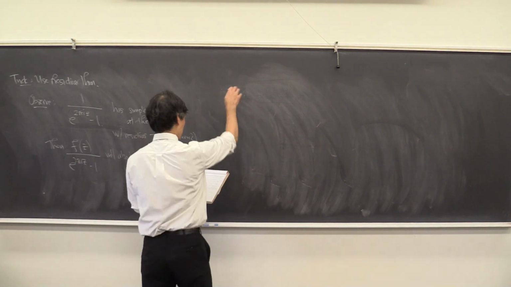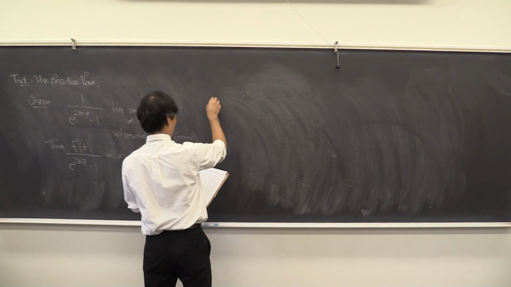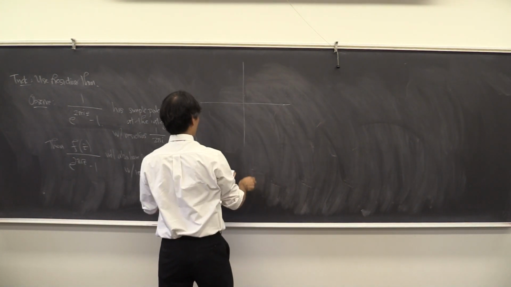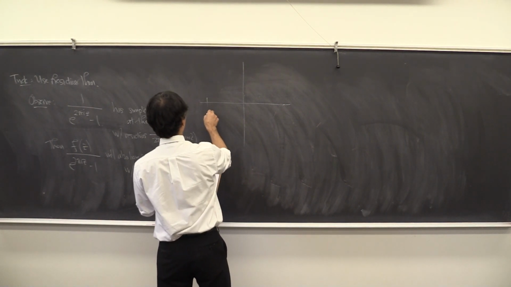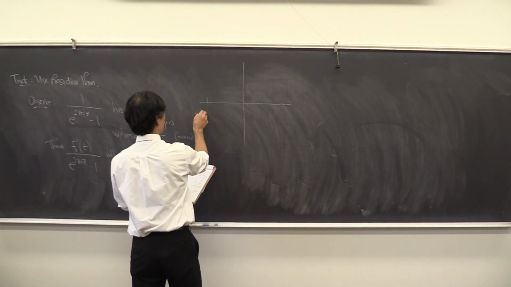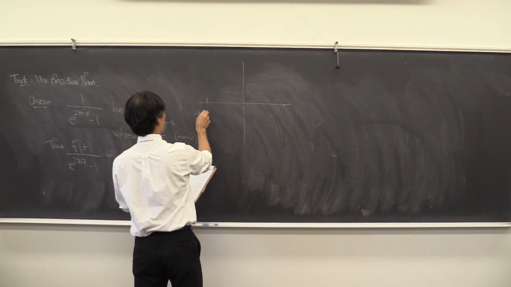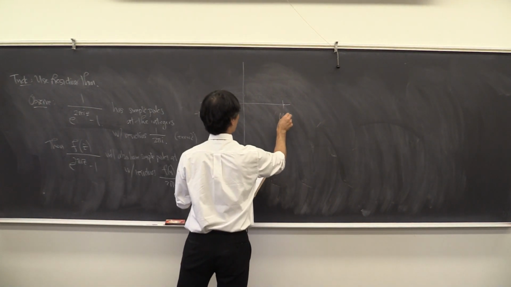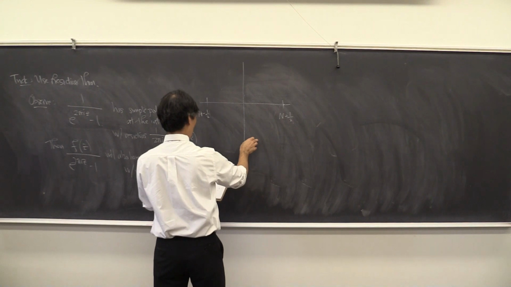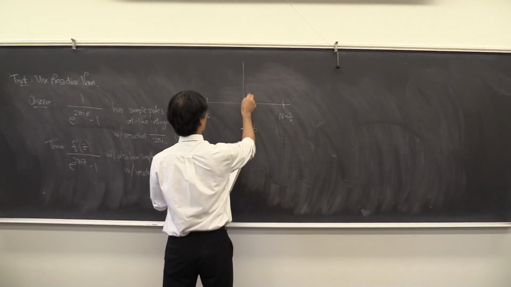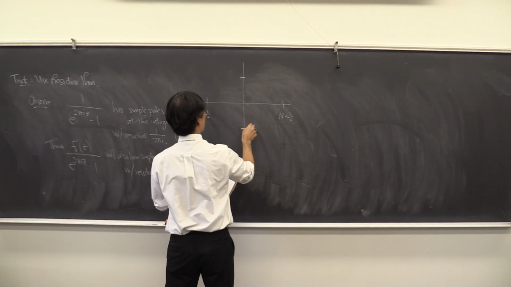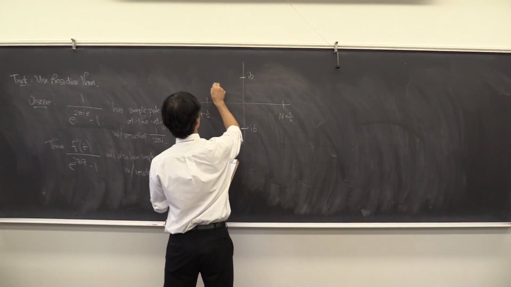So take a rectangle. The left-hand side is at negative N minus a half. The right-hand side is N plus a half. The lower part is at negative iB. The upper part is at iB.